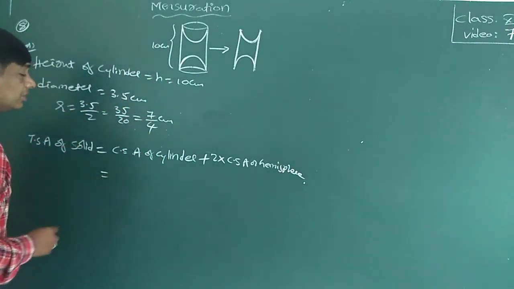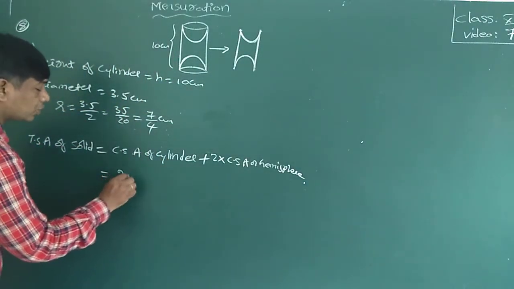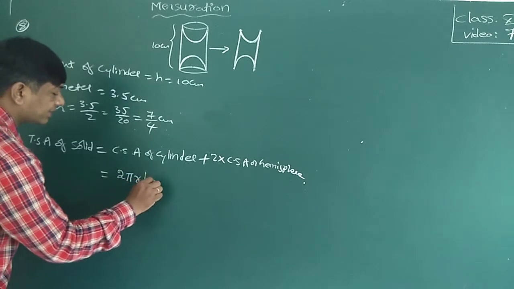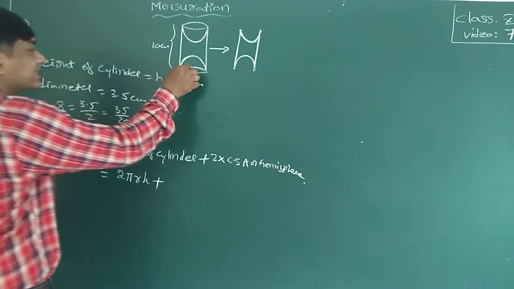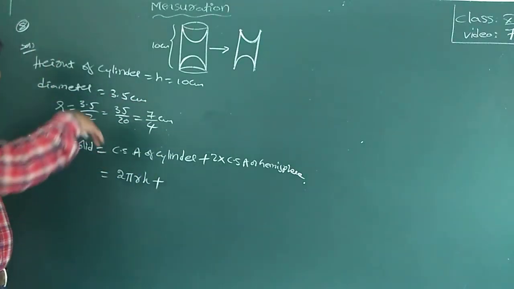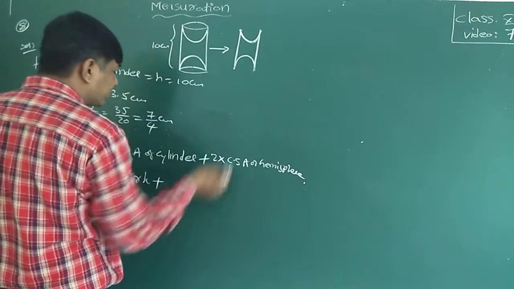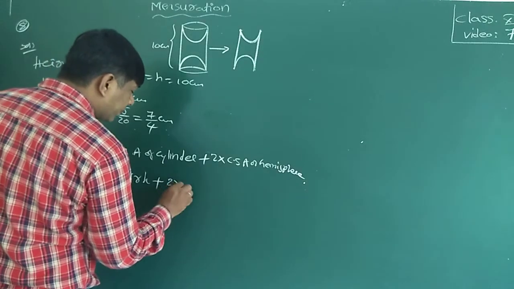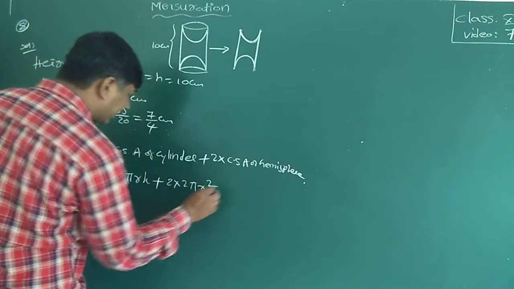That is equal to CSA of a cylinder, 2 pi r h, plus 2 into 2 pi r square, because the radius is common for both, the same radius inside.